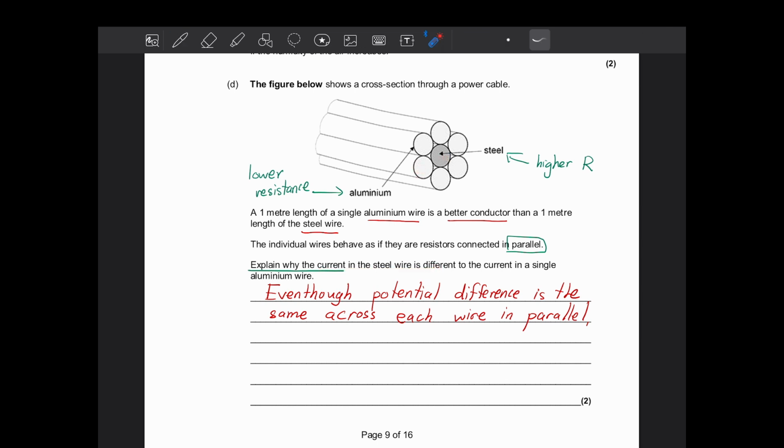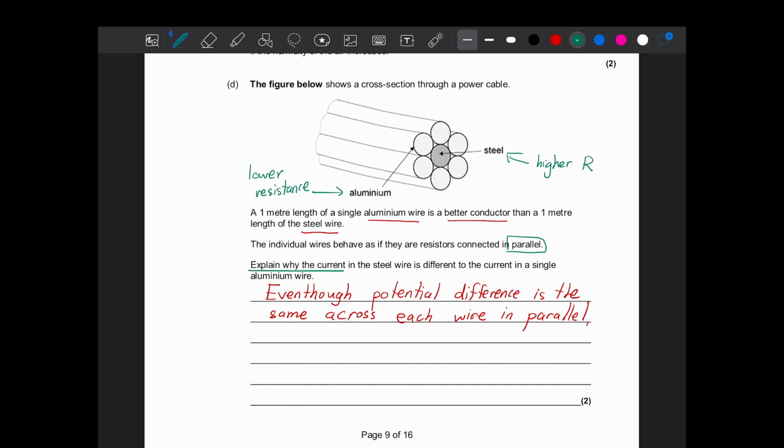So how do we take that and actually answer the question, explaining why current is different in the steel compared to the aluminium? We refer to the resistance, like we talked about earlier. Aluminium has a lower resistance, steel has a higher resistance. So even though the potential difference is the same all the way across, the current is going to be higher along the path of least resistance. Let's write that down.